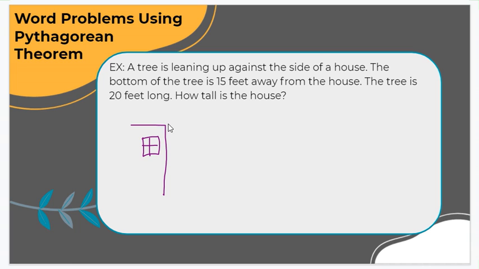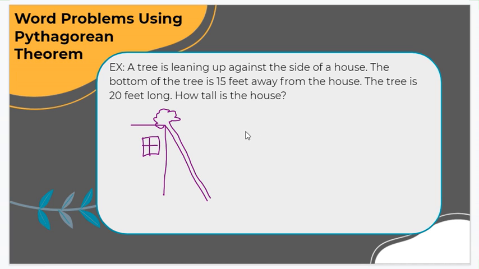Okay, and then it says a tree is leaning against the side of the house. So there's going to be a tree that's leaning here. Doesn't have to be perfect, and I'm not very good at drawing, so feel free to draw on your paper however you want. All right, so there's my tree.